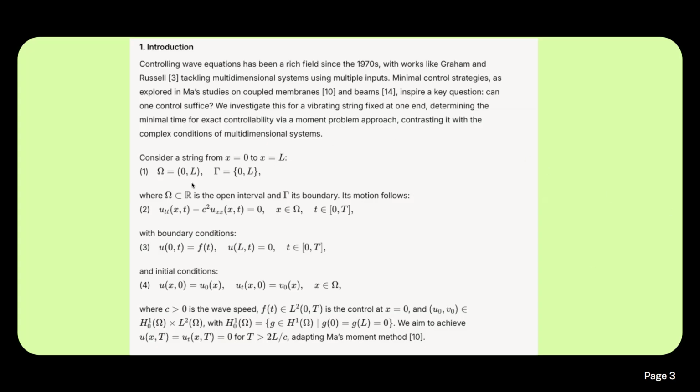Okay, let's see. Consider a string from x equals 0 to x equals L. Its motion follows u_tt(x,t) minus c squared u_xx(x,t) equals 0, with boundary conditions u(0,t) equals f(t), u(L,t) equals 0, and initial conditions u(x,0) equals u0(x), u_t(x,0) equals v0(x), x belongs to Omega.